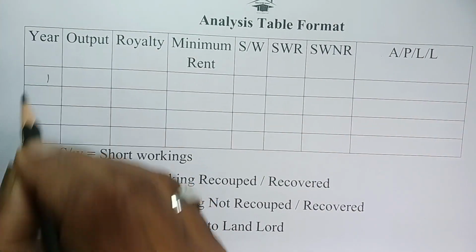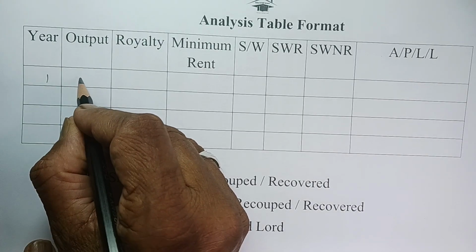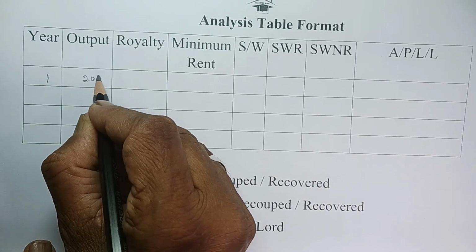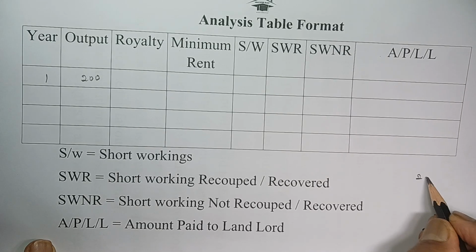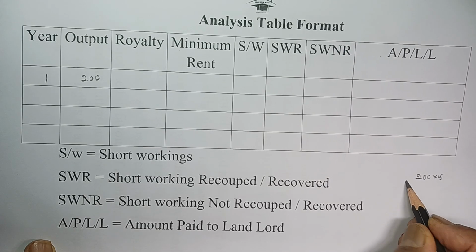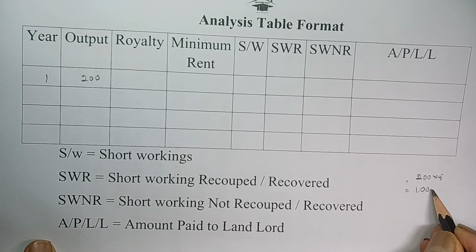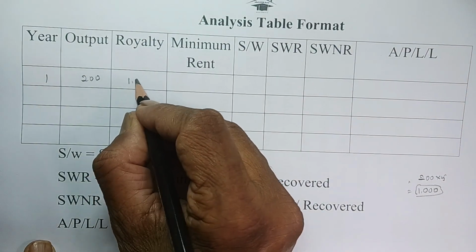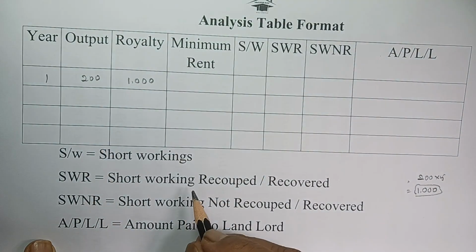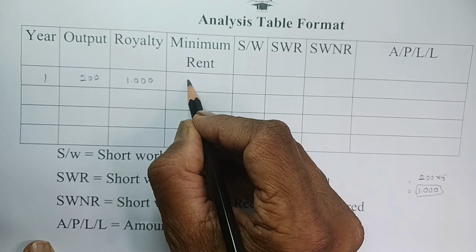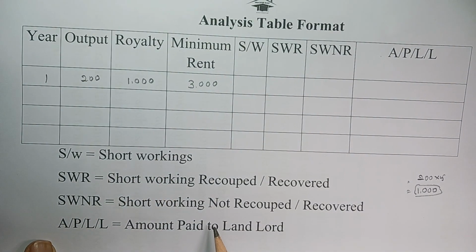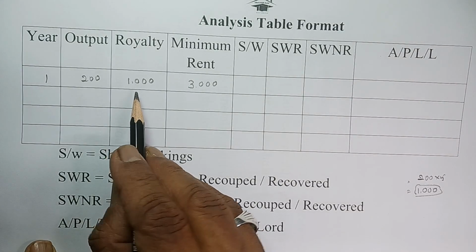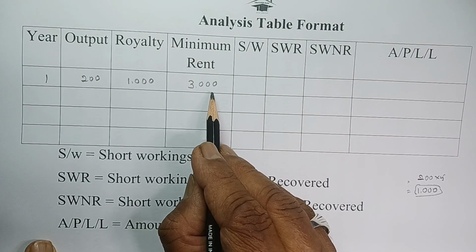Just I will show you one. Assuming first year, your output is how much? 200. Your output is 200. Whereas per output you have to pay royalty of rupees 5. So 200 into 5, it comes to 1000. Royalty comes to rupees 1000. Assuming that your minimum rent is 3000 rupees. Then your royalty is only 1000, whereas the person has to pay 3000.